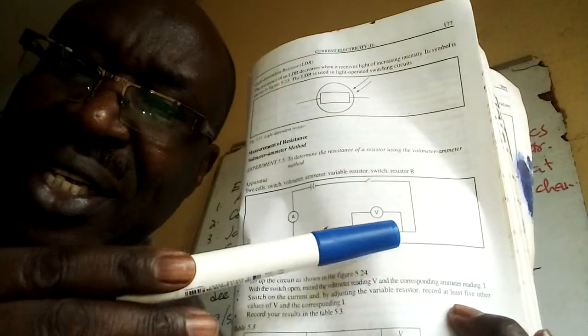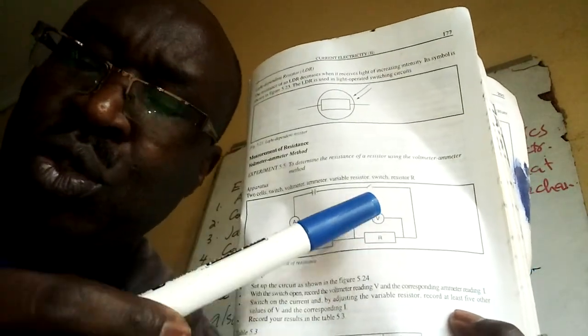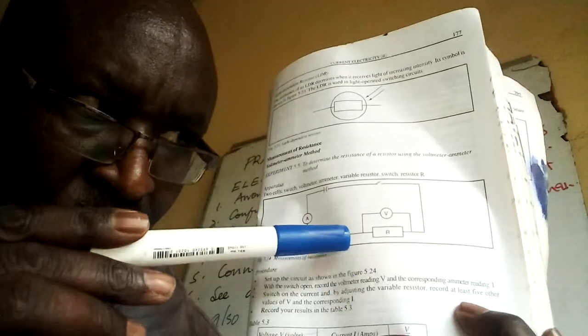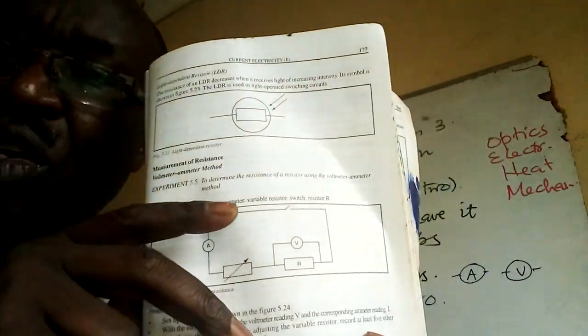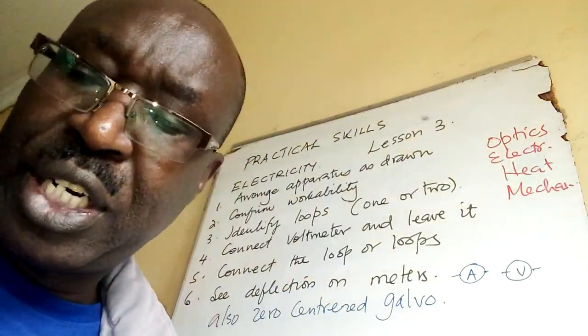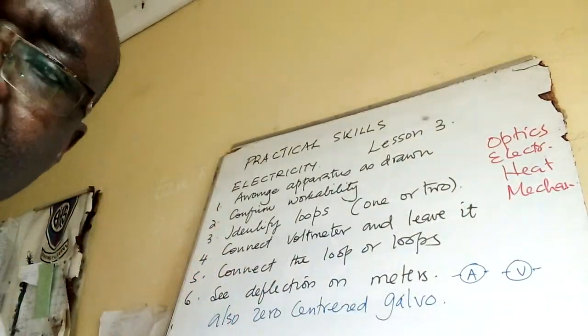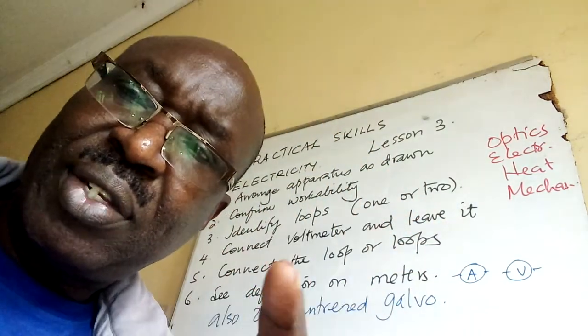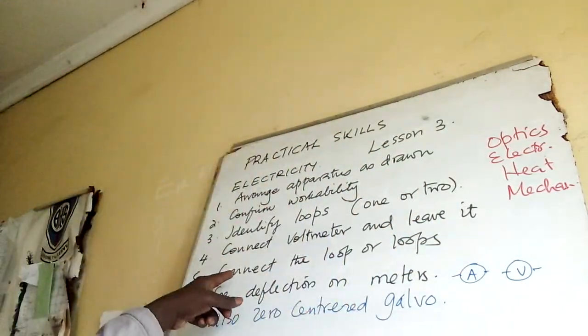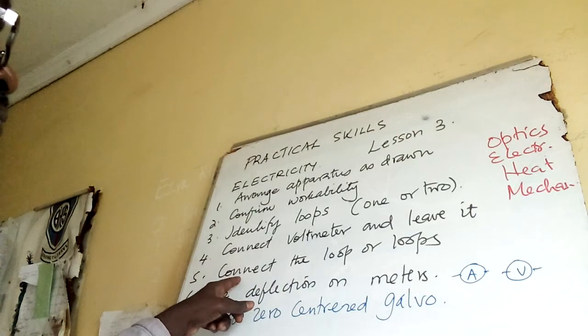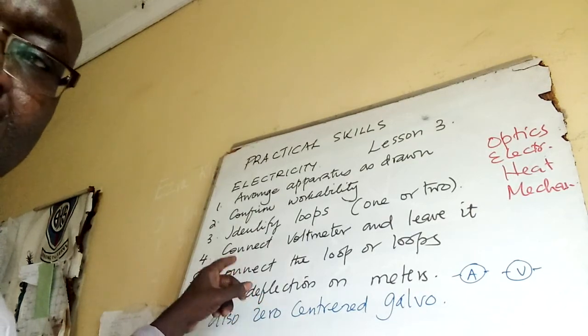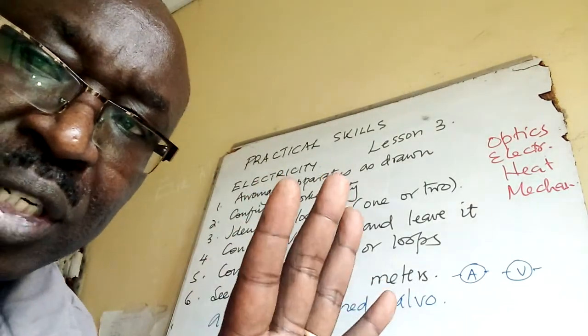Now, in this case we have two loops. So what do I do? Connect the terminals of a voltmeter and leave it. The moment I do that, I remain with one loop. Okay? So after connecting the voltmeter, leave it.